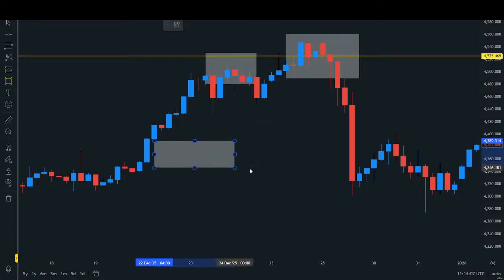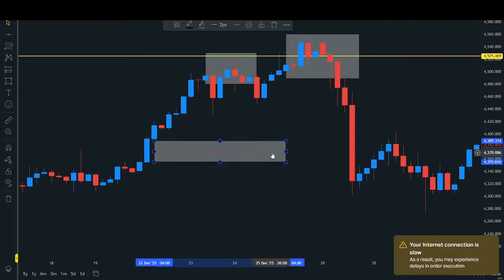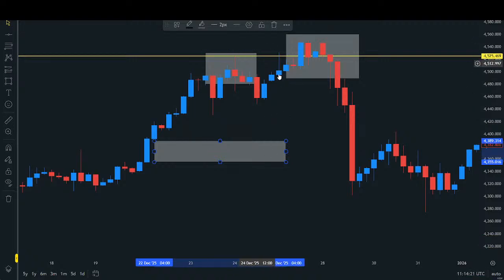We have a fair value gap order here, so definitely at this zone there's supposed to be a downtrend. But the market makers are manipulating the market, not allowing it to respond according to the traders' analysis.